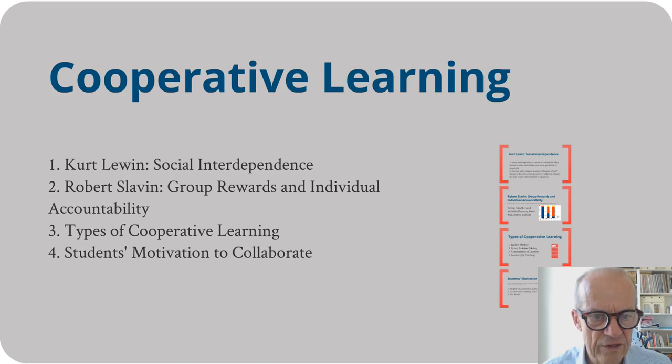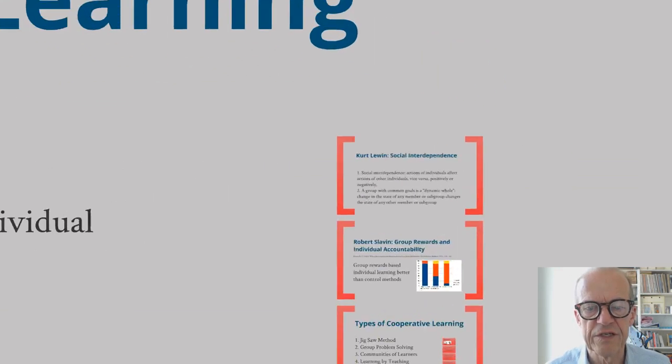So we're going to discuss his concept of social interdependence, then focus on Slavin's work on group rewards and individual accountability, then discuss various types of cooperative learning, and in the end we will discuss some work done by Annadine Pullen, PhD student in my group, on students' motives to collaborate. Okay, first Kurt Lewin.